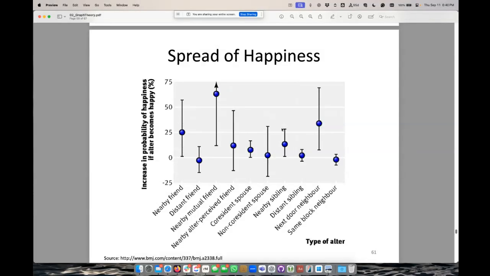Right? And then next after that was next door neighbor. So if your next door neighbor is happy, then they have a higher impact on the ego's happiness. Right? And then there are other relationships, nearby friend, and I think after that probably nearby alter perceived friend, and then maybe nearby sibling, co-resident spouse, non-co-resident spouse, and so on. Right?